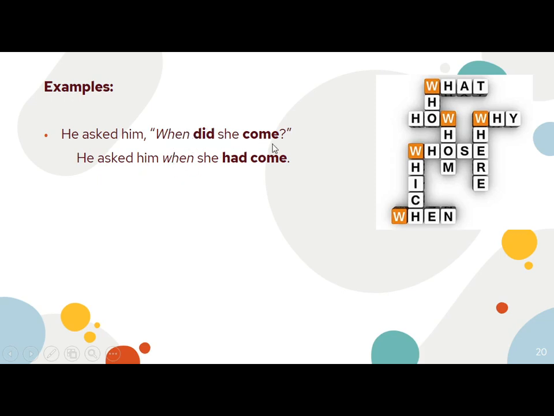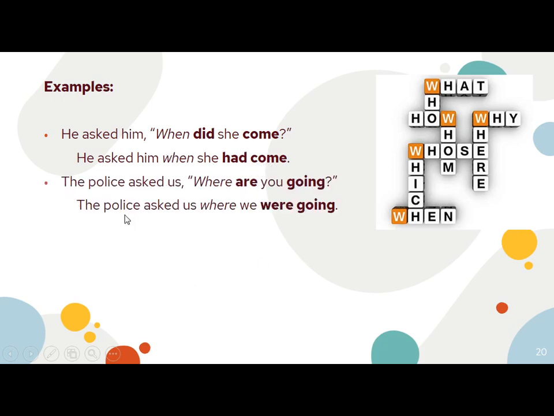But we're going to omit the structure of the question and move into a statement order, in which we find subject and verb. Did she come is in the past. But here, as we're going to change the tense, if it is in the past, we're going to change this into the past perfect: when she had come.